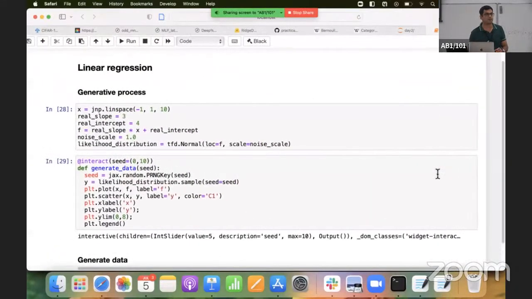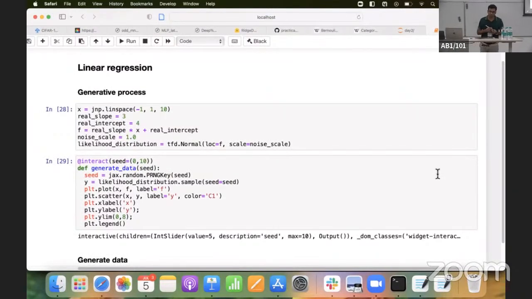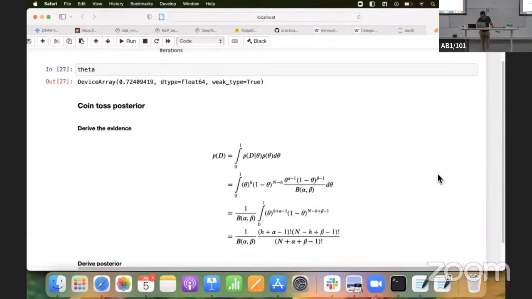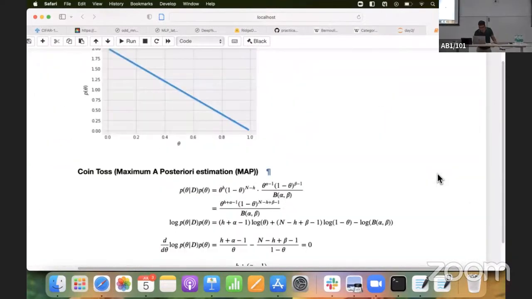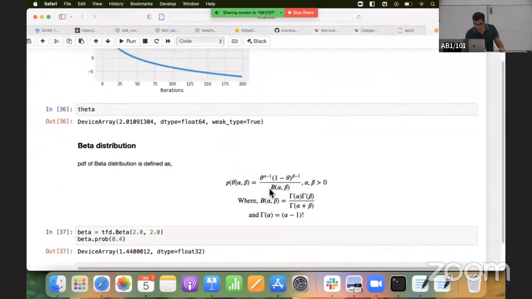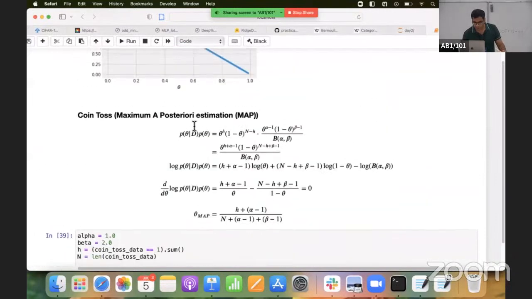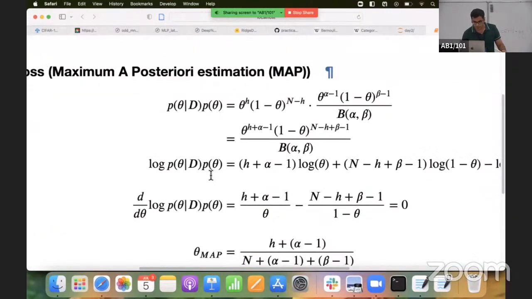Any questions till now? When did we get the log prior? So when we wrote theta MLE, firstly this thing should have been D given theta.